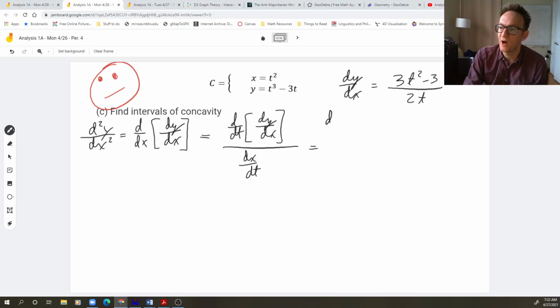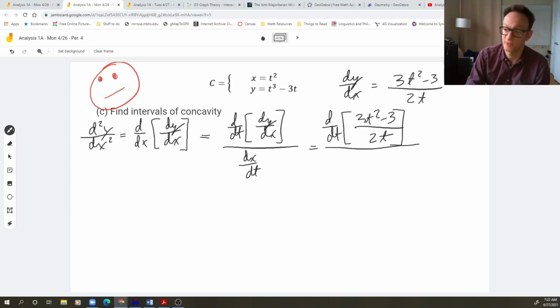And all right, so now I need to differentiate with respect to t this expression, 3t squared minus 3 over 2t. And then that whole thing will be put over dx dt, which is just 2t. Okay, so continuing, now I just do this, say using the quotient rule. Why not? So what do we get here?